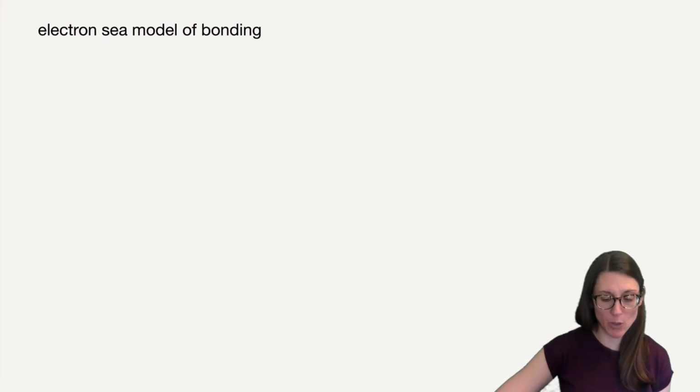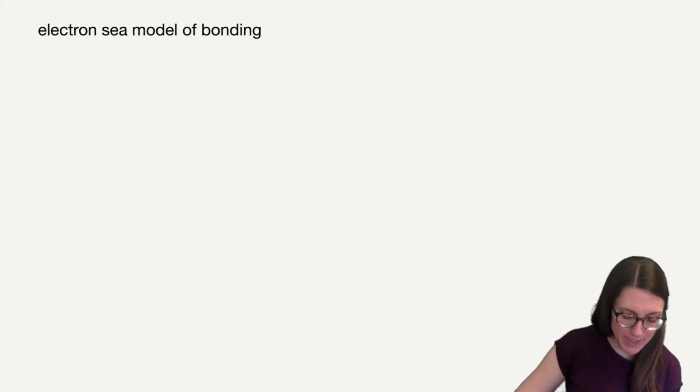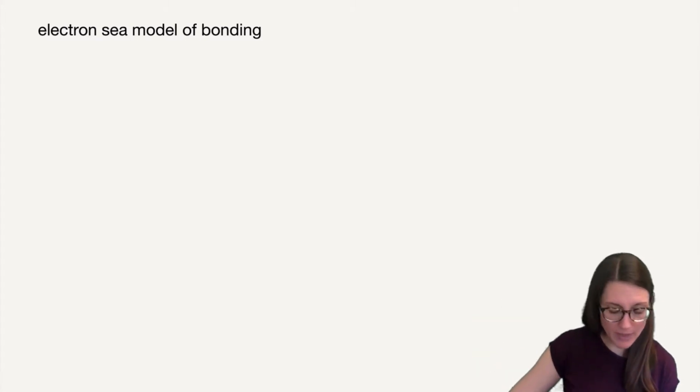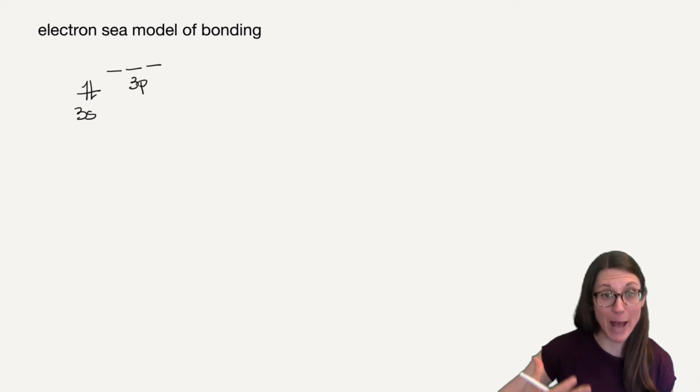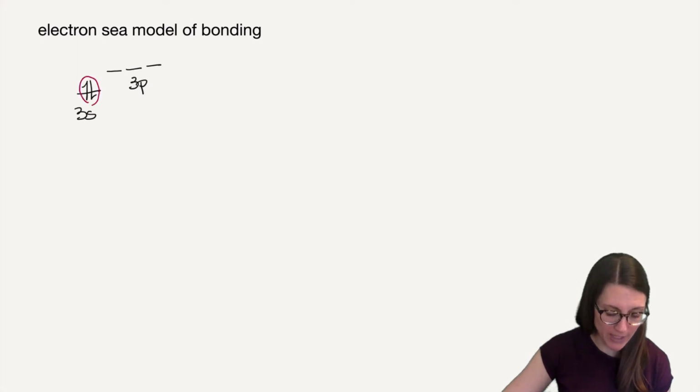In this picture, we have metals. Let's say we've got magnesium atoms. The valence electrons for magnesium are in the 3s orbital, and it is 3s2. What we envision happening is that these magnesium atoms lose both of these electrons, and they are donated to an electron sea.